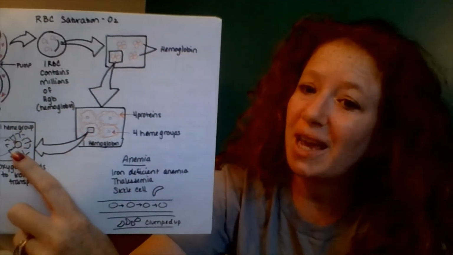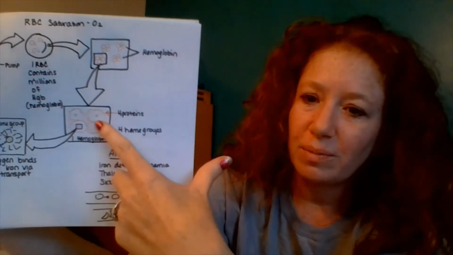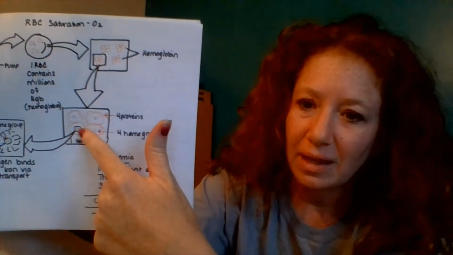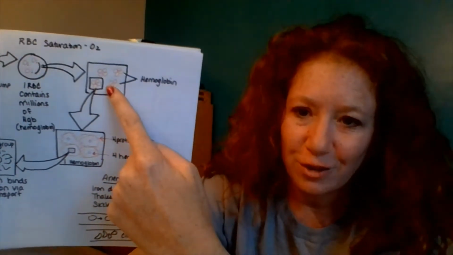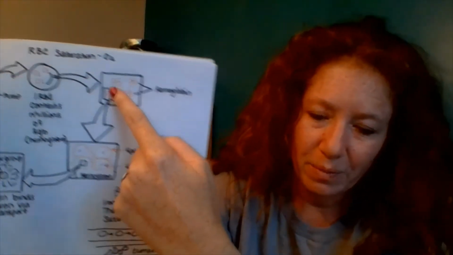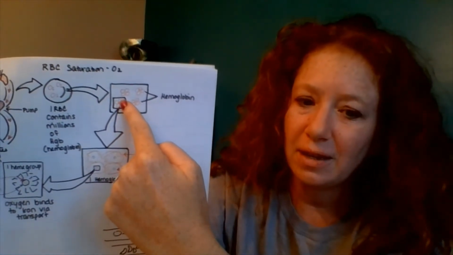If the oxygen can't bind to the iron, then the heme group will be desaturated. If the heme group is desaturated, then this hemoglobin will be desaturated. If the hemoglobin is desaturated, what is happening?